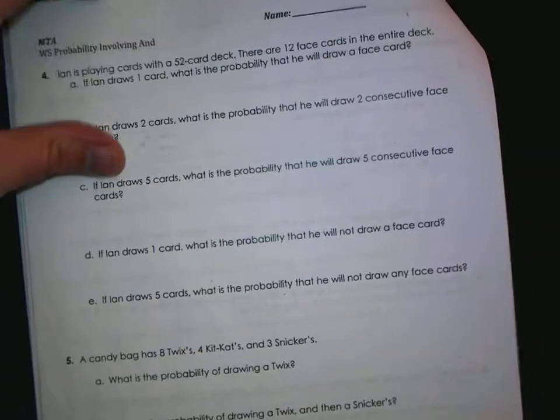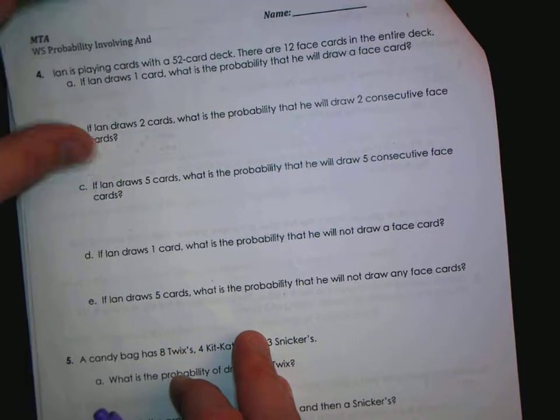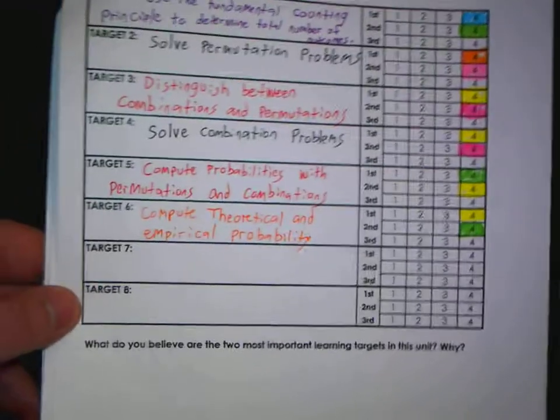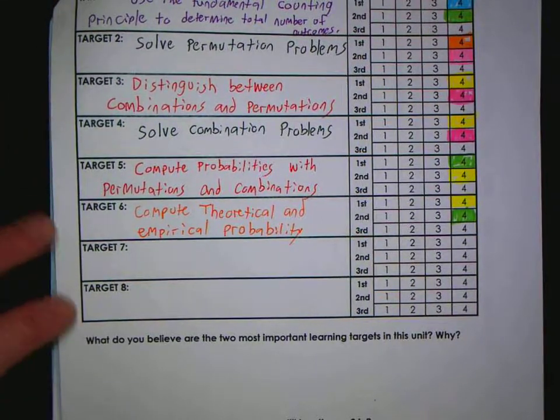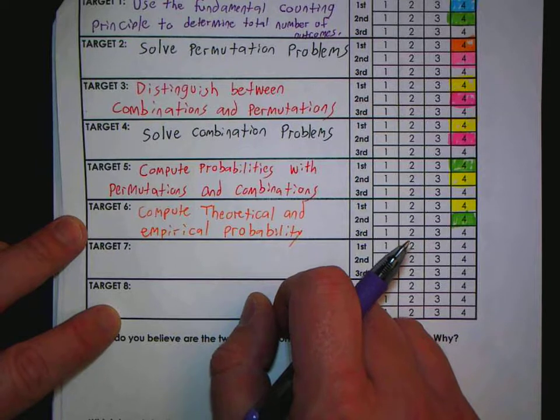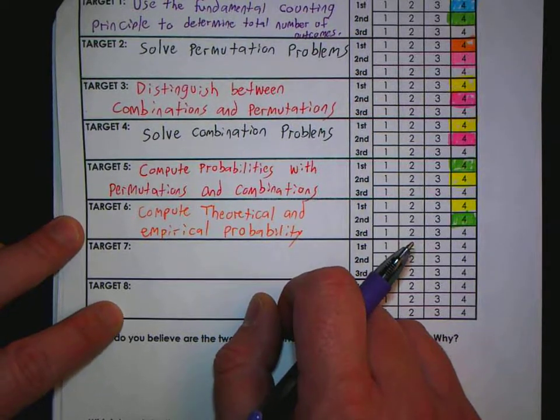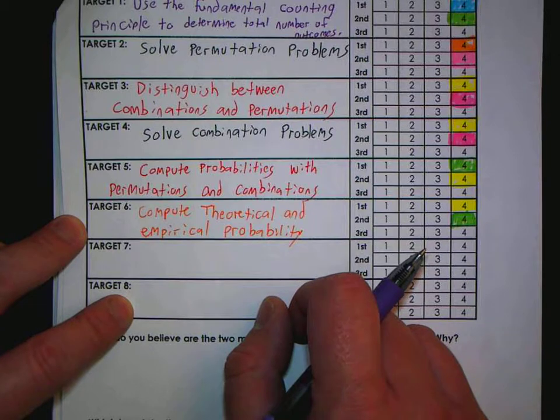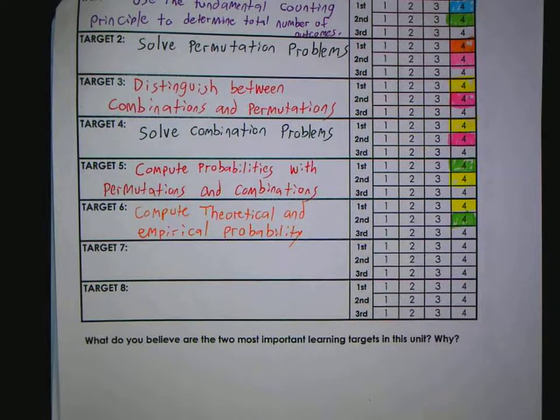What did we learn? We learned the probability of a second. How can I write that in words? Because I have on the board, find the probability. It's not very specific.